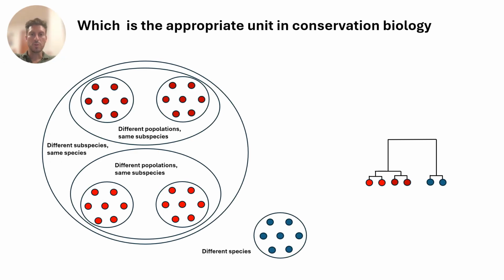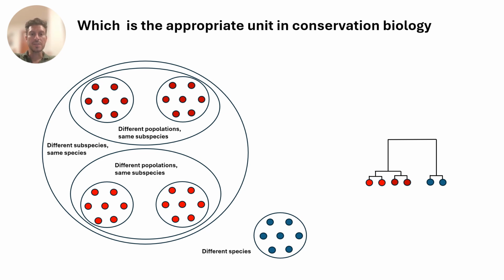The difference among populations, subspecies and species is the amount of gene flow and the genetic differentiation among individuals. So there is gene flow and relatively low genetic differentiation among individuals belonging to different populations of the same subspecies.